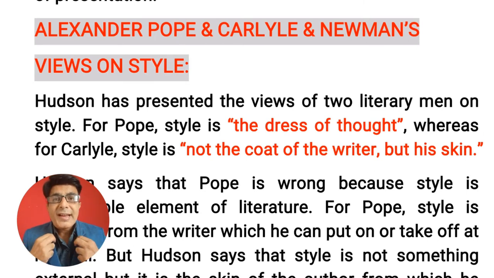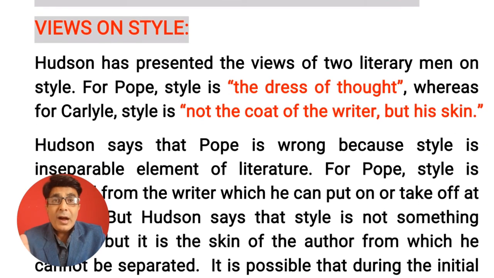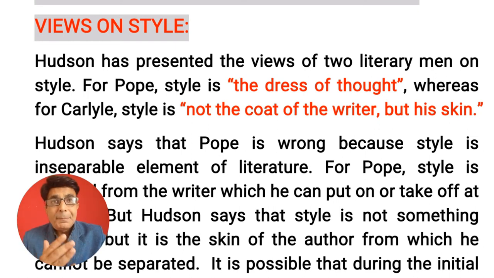A coat can be removed, your dress can be removed, but your skin can never be removed. So according to Carlyle, style is inseparable. He says that you cannot separate the author's style from his personality. But Alexander Pope wants to say that style and the author are detachable, are separable.